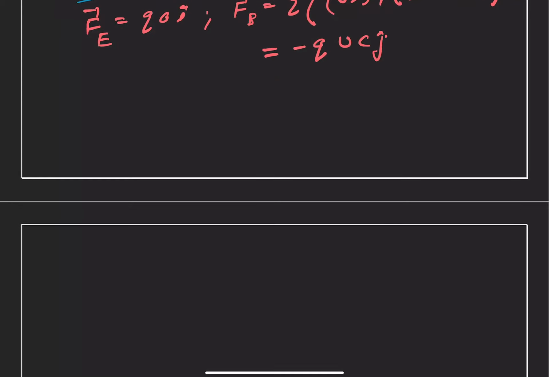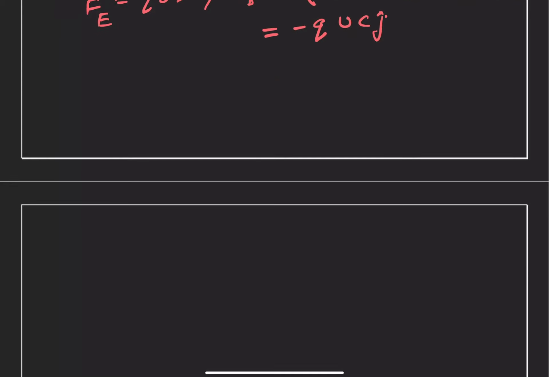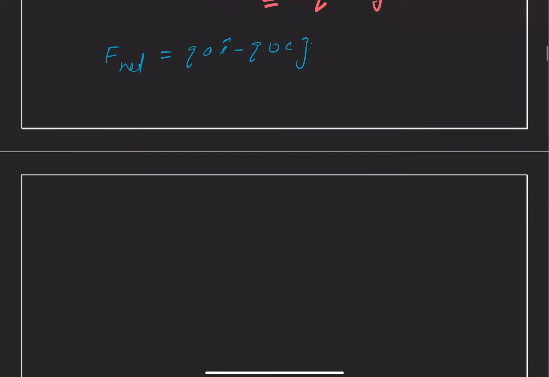Therefore net force will be equal to QAi minus QVCj, and in this particular equation there is no k unit vector, so therefore motion is in xy plane.